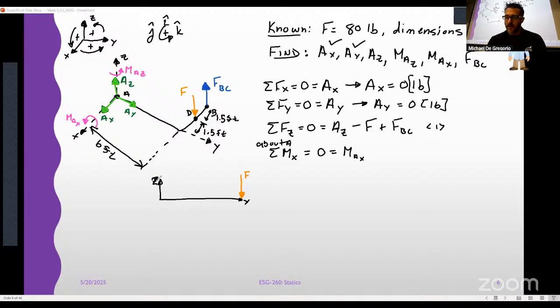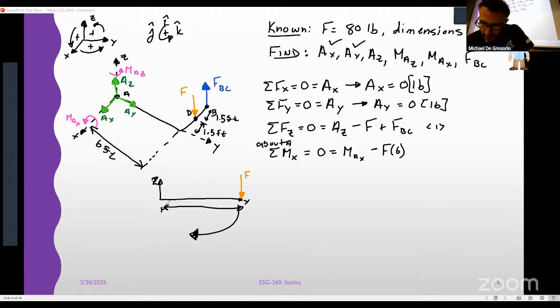Now we got it. Negative, right? It's going to want to push my bar in this direction. Okay, great, negative F. How far away is that from A? It's 6 feet because we are specifically looking in the YZ plane for this, right? And this is just me redrawing the FBD as it is.